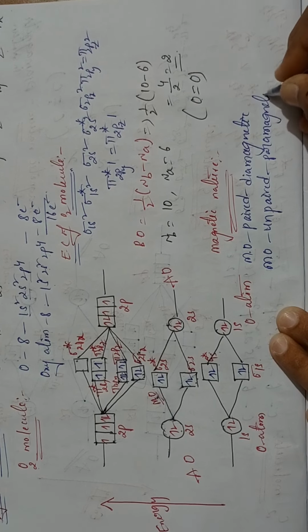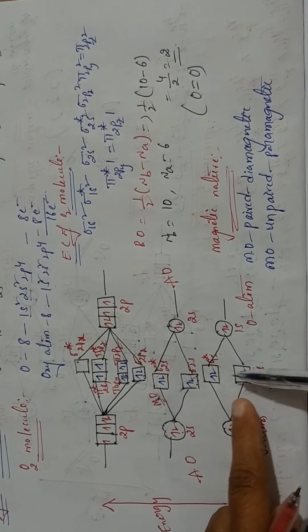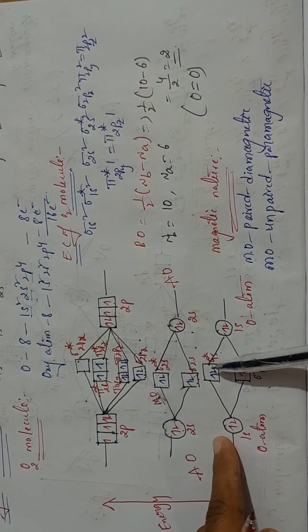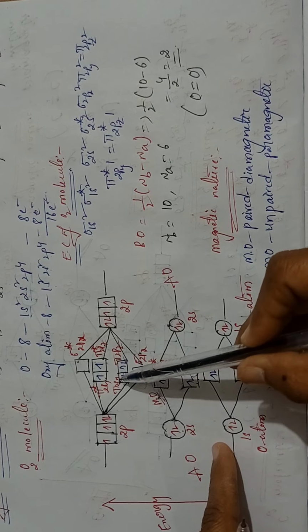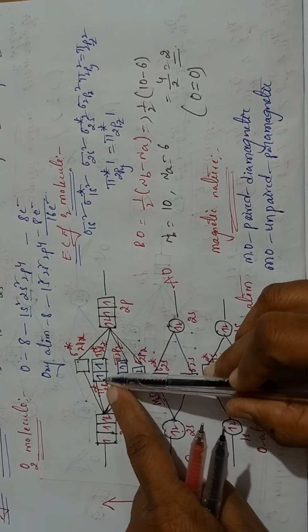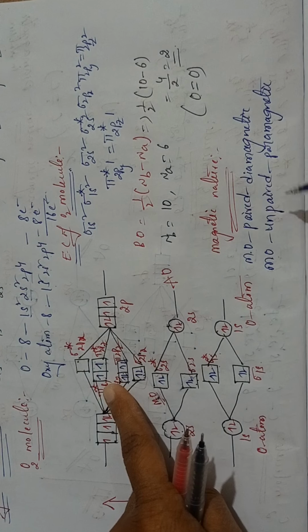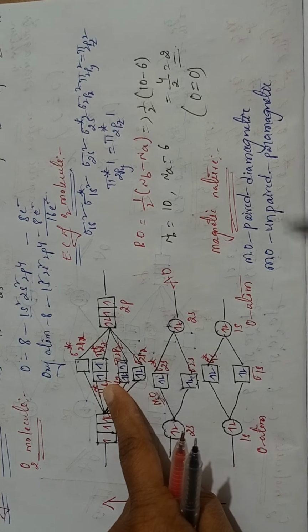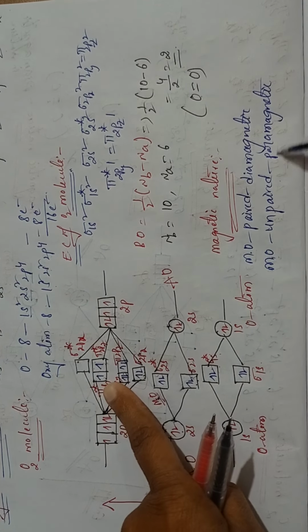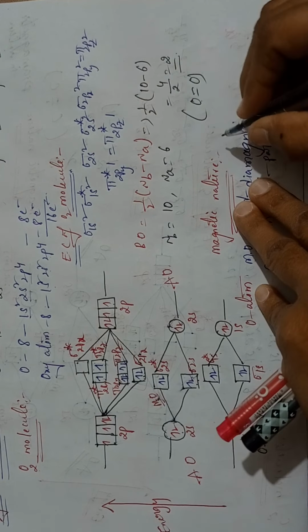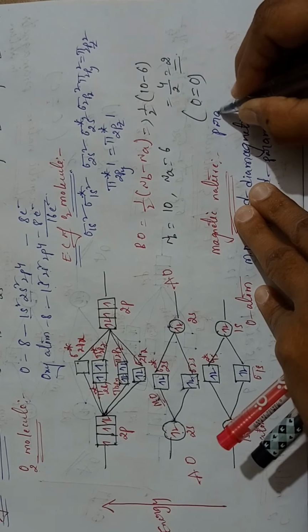Here all these are paired, but here a single electron is there, unpaired. So if unpaired, the magnetic nature is paramagnetic. So the O2 molecule is paramagnetic in nature.